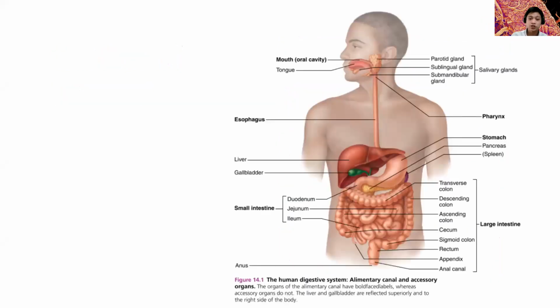So that is better illustrated in this image. So again, the alimentary tract starts from the mouth, the esophagus, the stomach, the small intestines, large intestines, the rectum, then the anus.